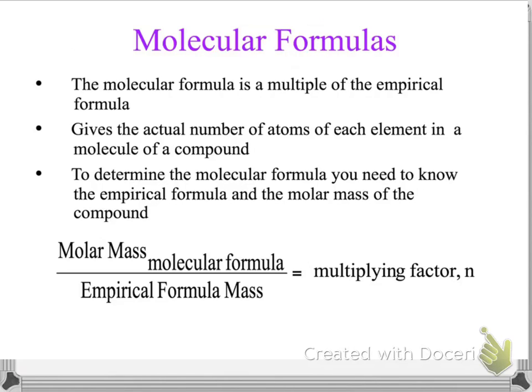So, if we take the molar mass of the molecular formula, something that is usually determined through experiment, and we take the empirical formula mass, we divide those two, we get this multiplying factor. And that multiplying factor is something that we multiply the entire empirical formula by to get the molecular formula.